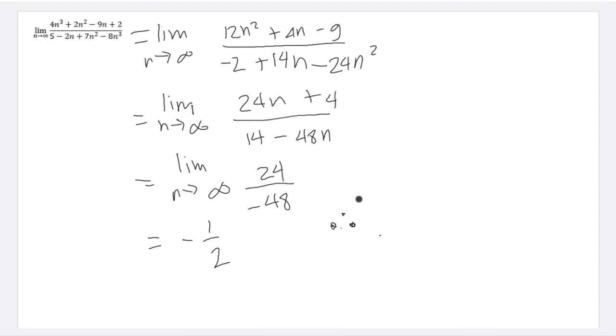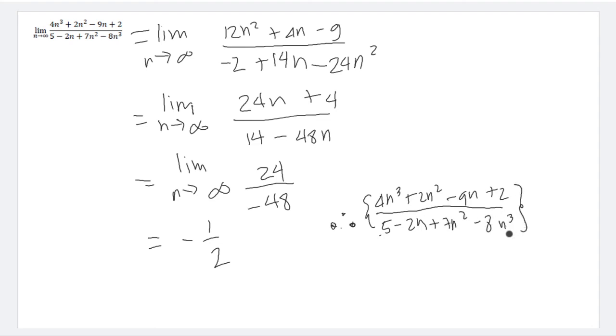So the sequence (4n³ + 2n² - 9n + 2)/(5 - 2n + 7n² - 8n³) is convergent and it approaches -1/2.